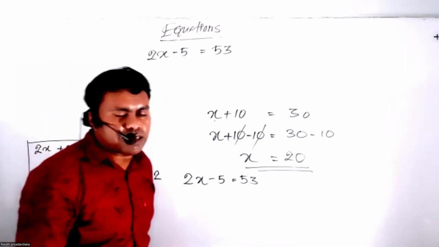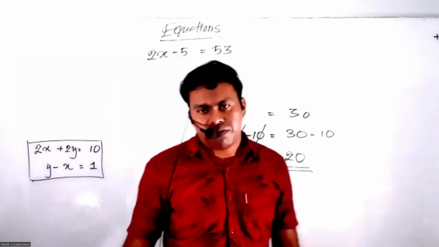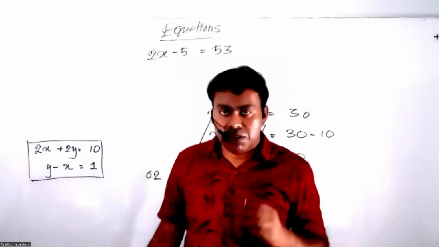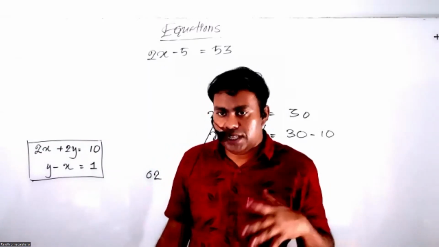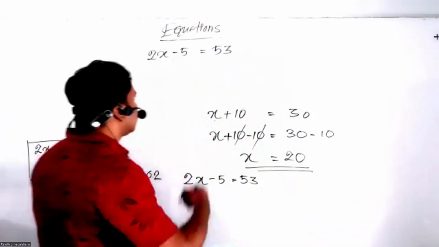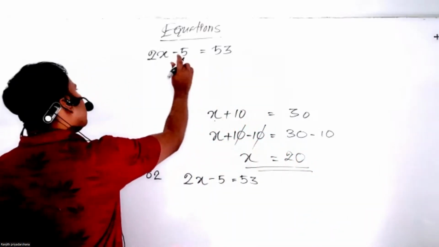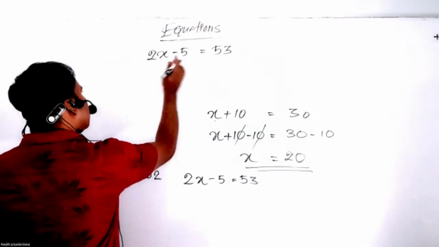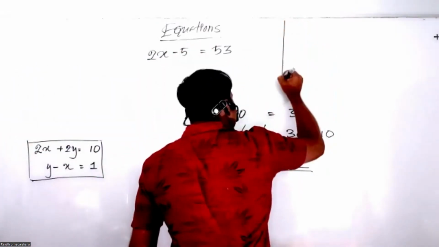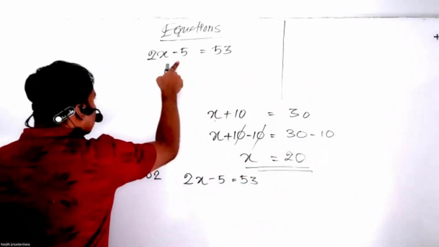It doesn't matter; you can remove anyone first, but there are some rules. I'll teach you that, right? First you can remove this 5 or you can remove this 2. There are two methods, and I'll show both.